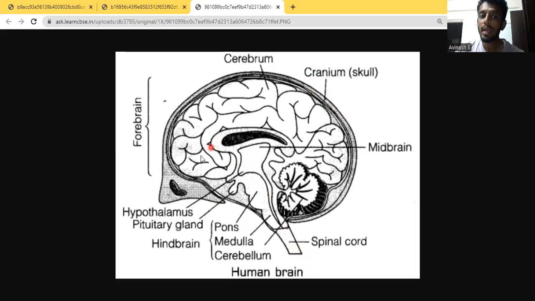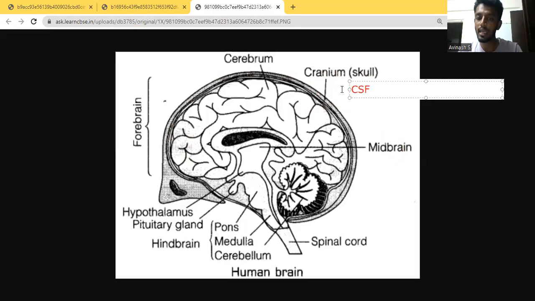Also, as you can see, there is a box covering this brain for protection, because we may dash our head against some wall or during some accident. There is a natural helmet, which is called the cranium. It is also called the skull. The skull is very, very important. This cranium protects the delicate brain from external injuries also. And there is also an addition which I would like to add, which is called CSF.